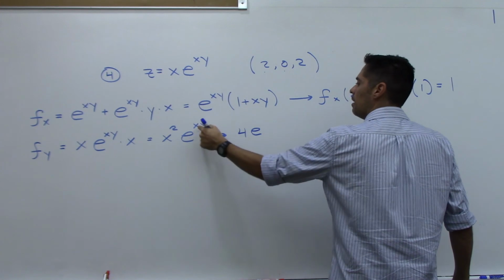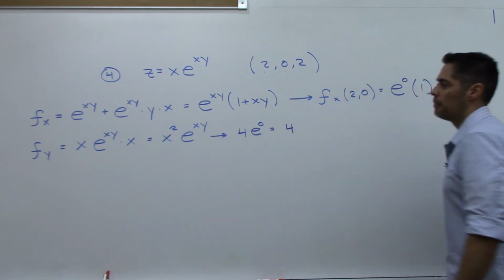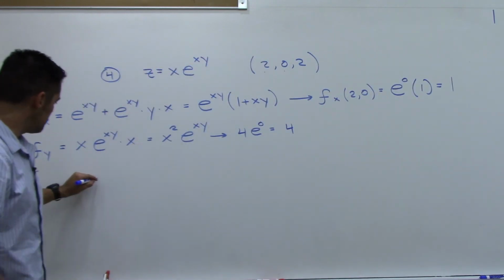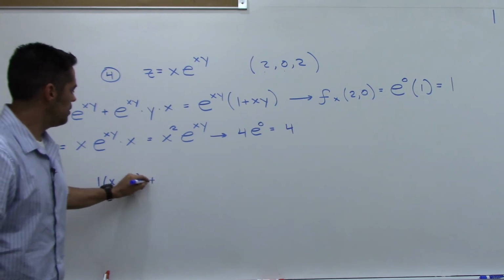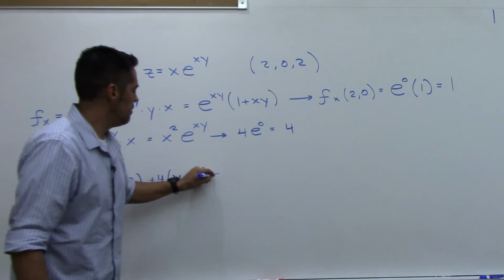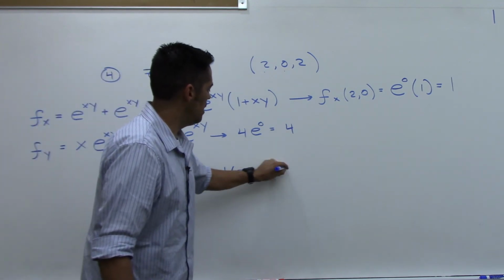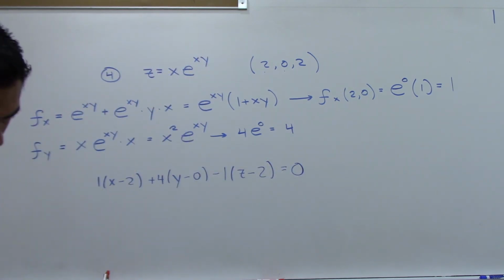E to the 2 times 0 is 0, so e to the 0, you get 1, so just 4. And then we come up with our equation. So it's the first number 1, (x minus x naught) plus 4 times (y minus y naught) minus 1 times (z minus z naught) equals 0. And I think I'll just leave you the rest on that one to multiply that out.